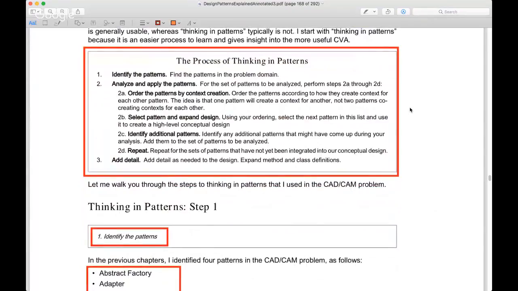All right, so here it is, the process of thinking in patterns. Identify the patterns that I interpret, find the patterns in the problem domain. Well, I don't know, but maybe with a little experience, you can learn to identify the patterns that would probably be useful and start with those. So that's number one.